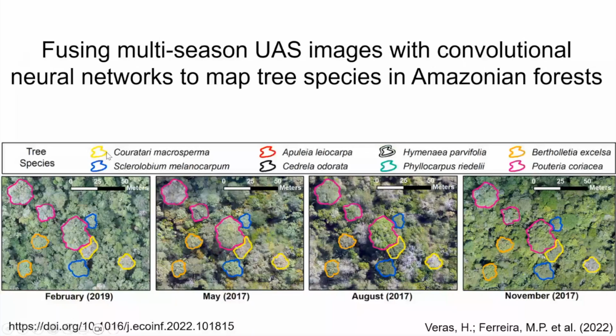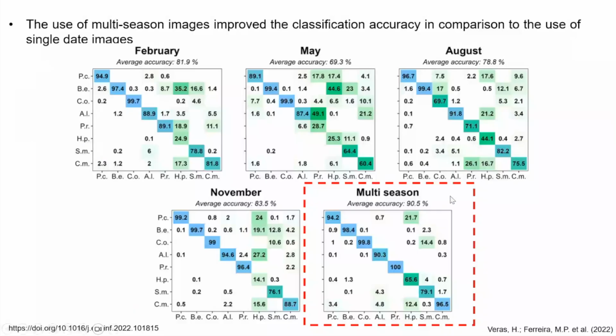And also we combined the images into a single stack with 12 bands, 3 bands for each date, and input these 12 bands to train the network. And we got good results using what we called a multi-season dataset.